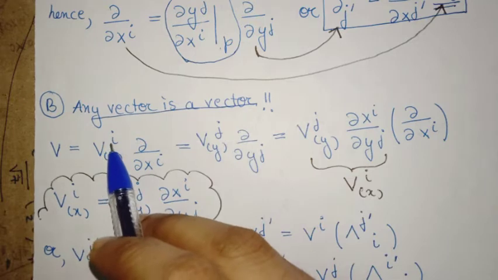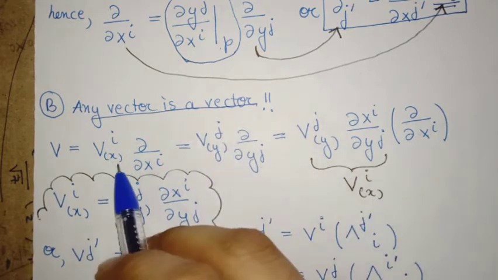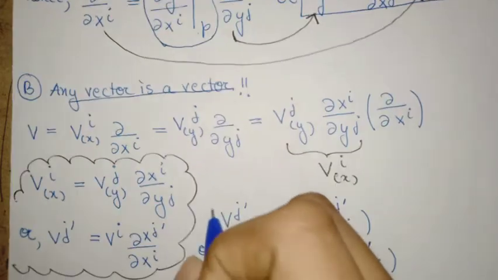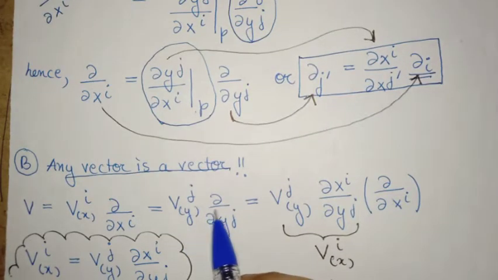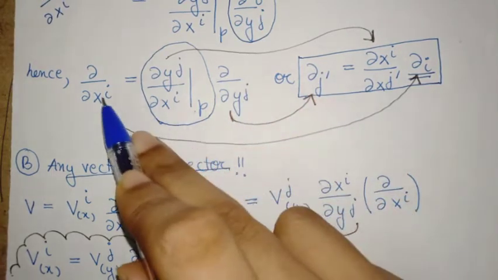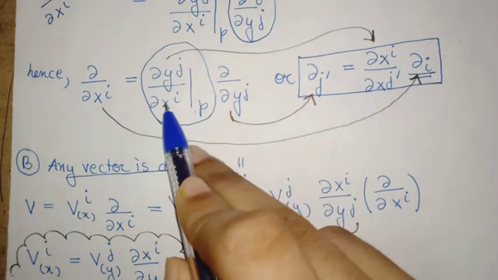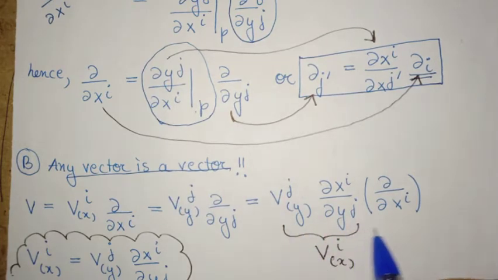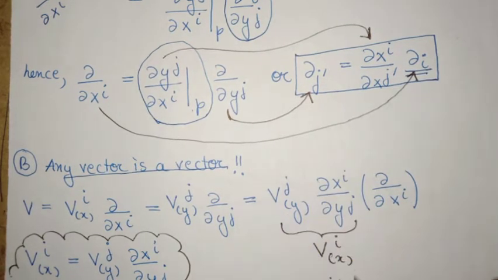I have just changed the summation index here from here to here. Now if these two are equal and I have the property of how del yj and del xi are related by this Jacobian, I can write this here easily.